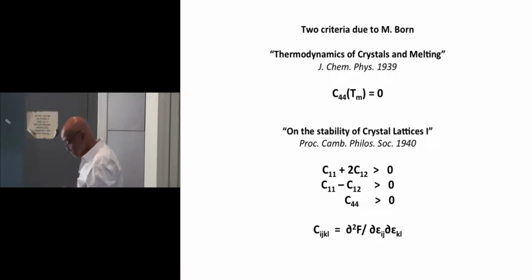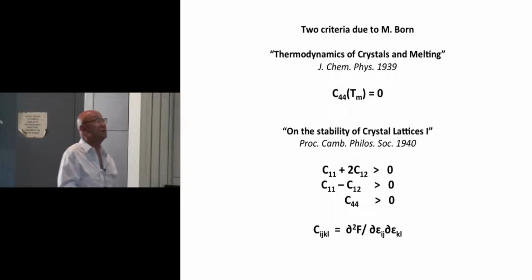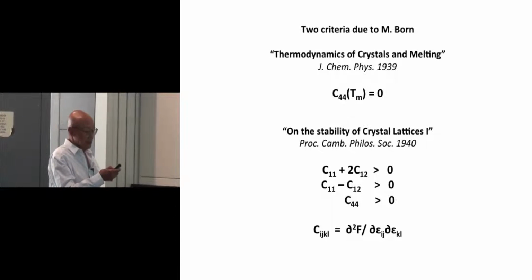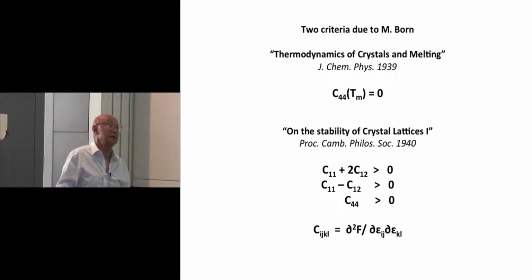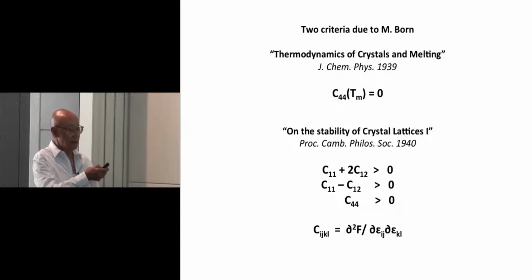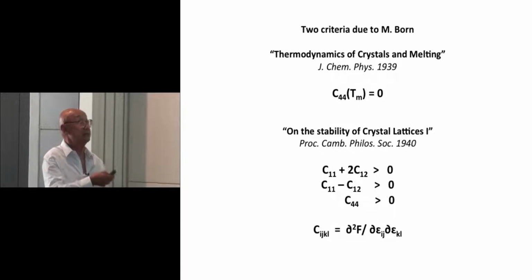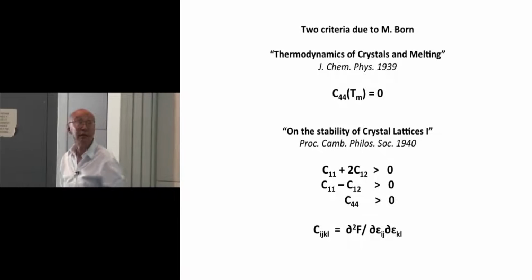And Born did this because he had been actually working on crystal lattice stability, which he published the next year in the Proceedings of the Cambridge Philosophical Society, on the stability of crystal lattice 1, and there are 2 or 3 follow-up papers in which, for the case of cubic crystals, he simply laid down these elastic stability criteria.